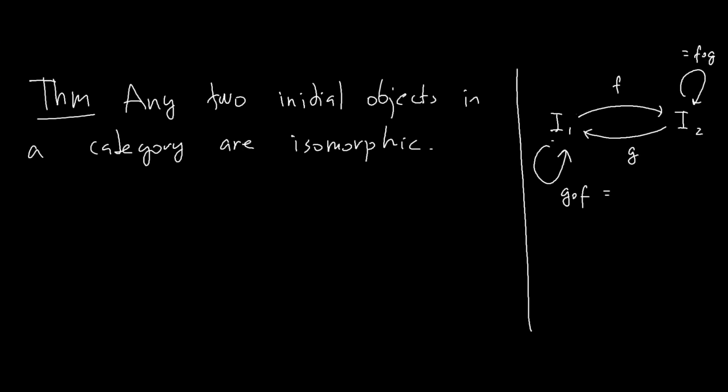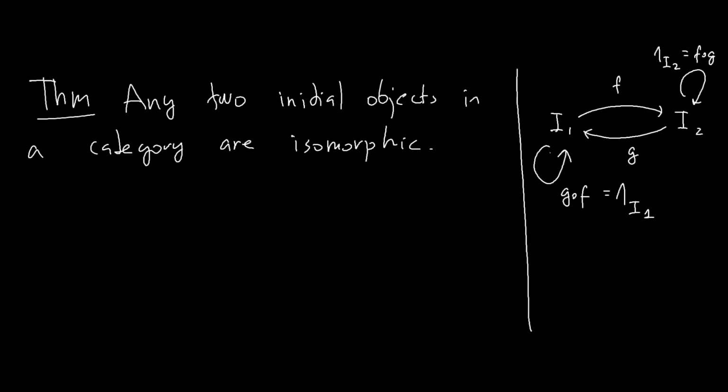But because I1 was initial, GF would be the same as identity of I1, and FG would be the same as identity of I2. Similarly, because I2 is initial. So just reminding you the argument we use for proving that two initial objects are isomorphic. It's a very simple argument, an extremely simple argument. You've got unique morphisms in each direction, and they compose to exactly identity morphisms because there's also a unique morphism looping from an initial object to itself.